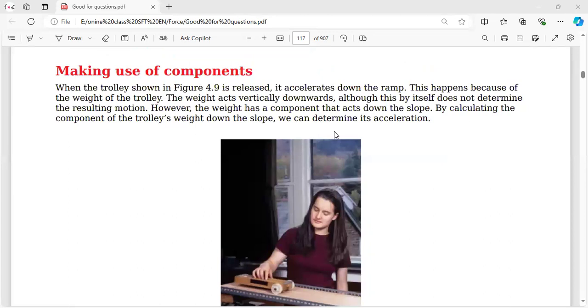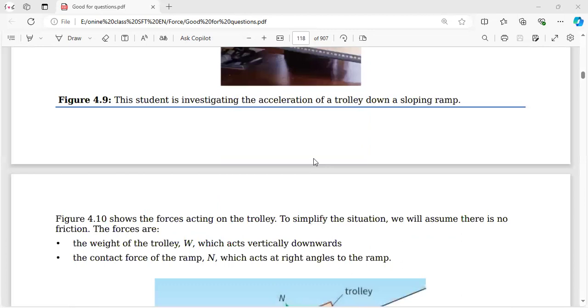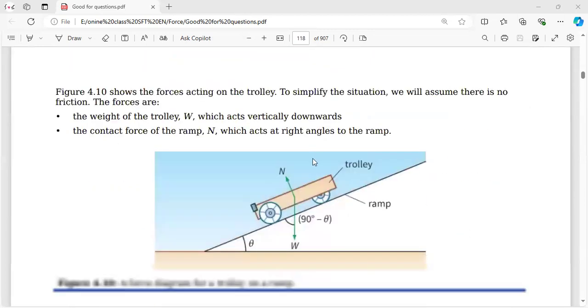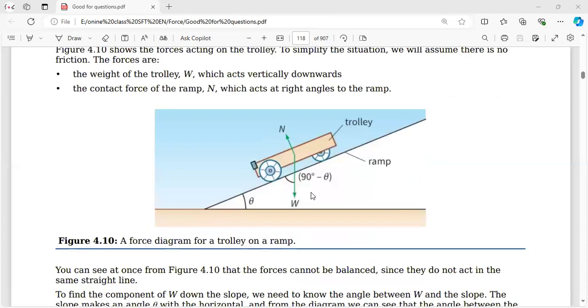And also we discussed several questions regarding that, especially with forces. You can see in here, this is a simple diagram for a trolley on a ramp, with a sloped floor, and that angle is equal to this angle.